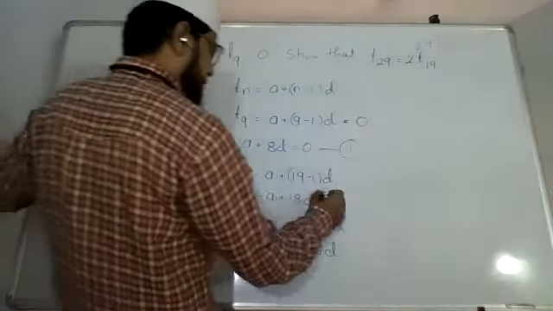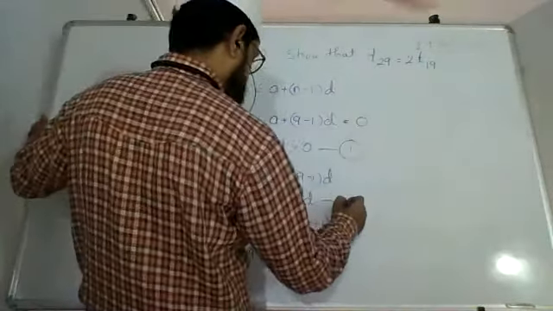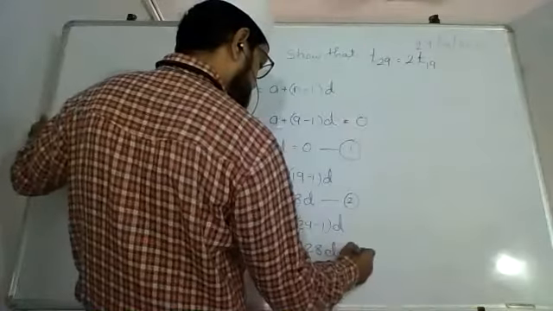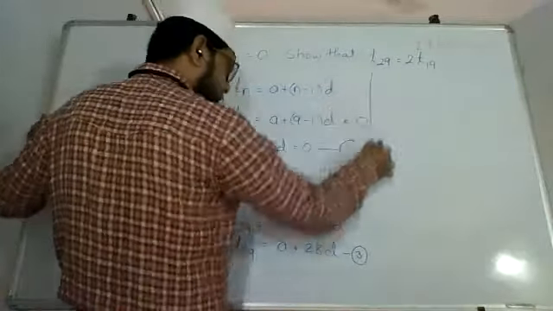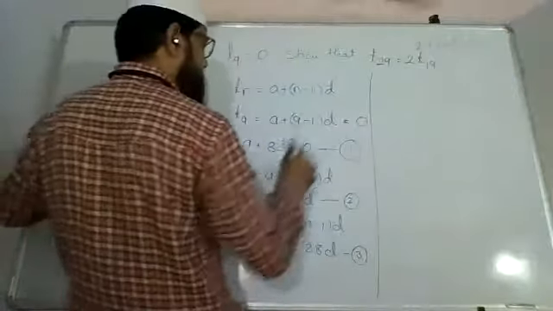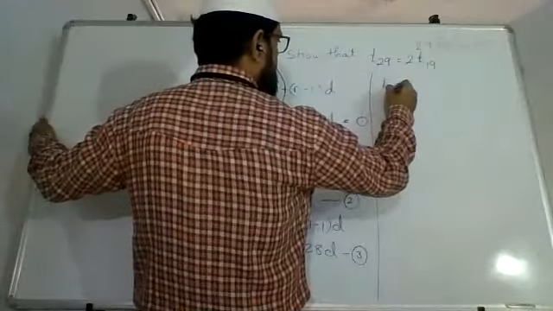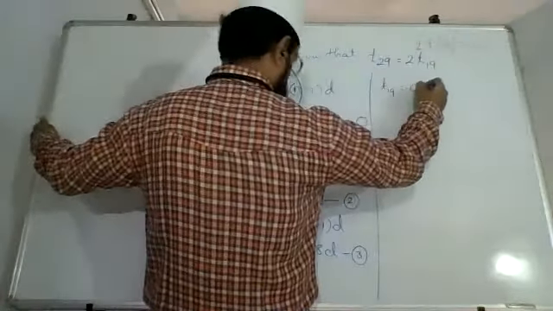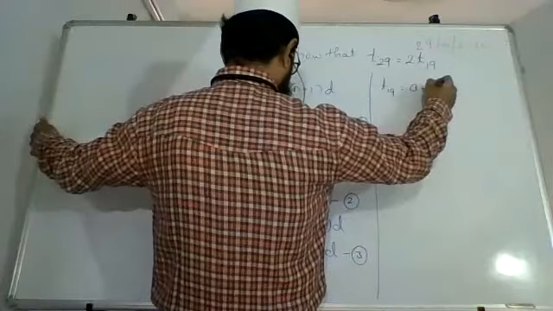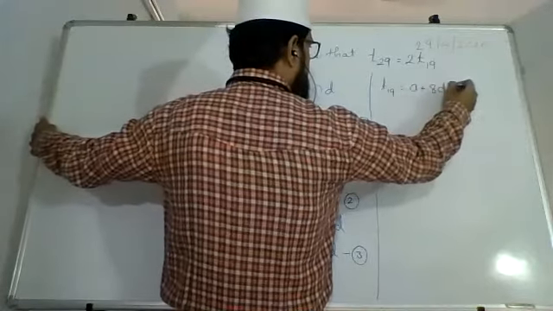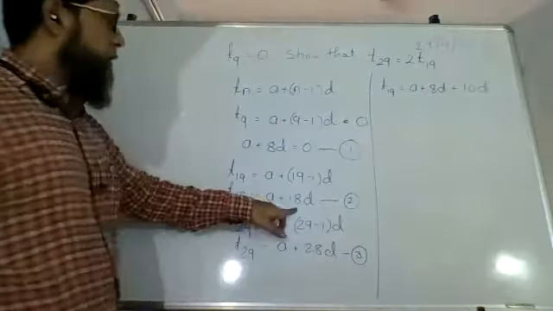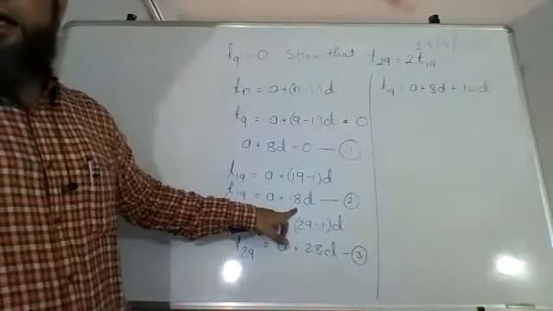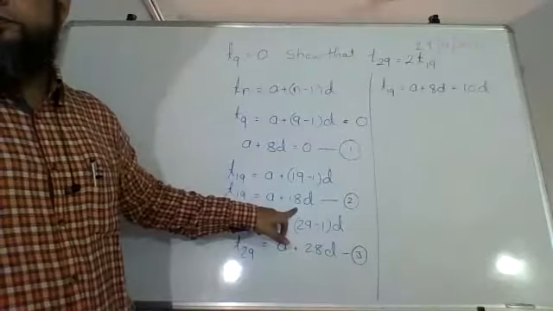T19, I can further write as A plus 18D. I can write 18D as 8D plus 10D. I'll just split up the 18D as 8D plus 10D.